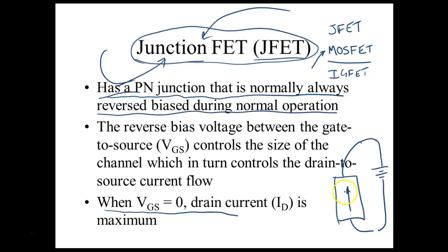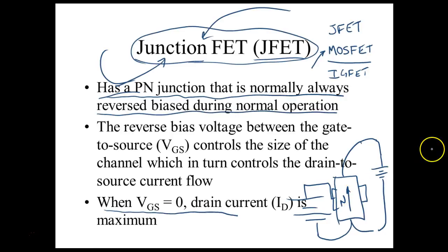But when I use another battery, and we're going to use an N channel, I'm going to reverse bias this. That means we're going to put the positive on the N, and this is going to be our gate lead. We know what happens in a diode junction when we reverse bias a PN junction: it creates what we call a depletion region.